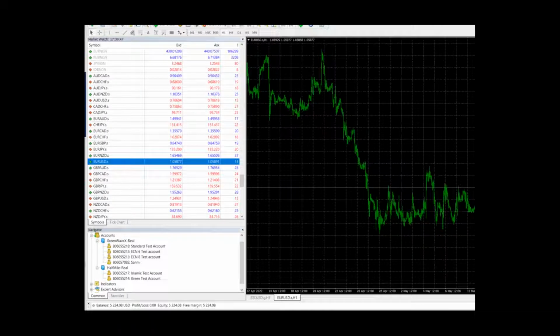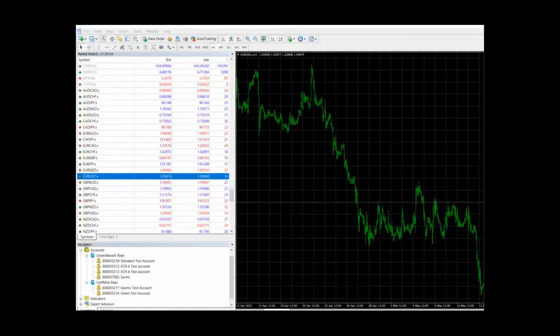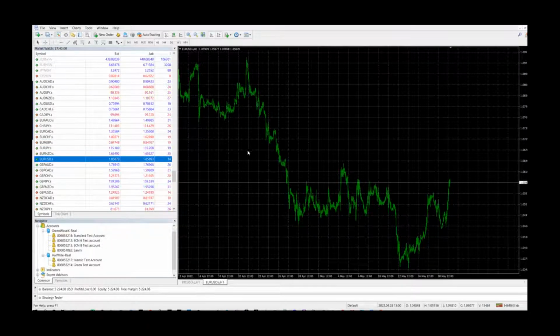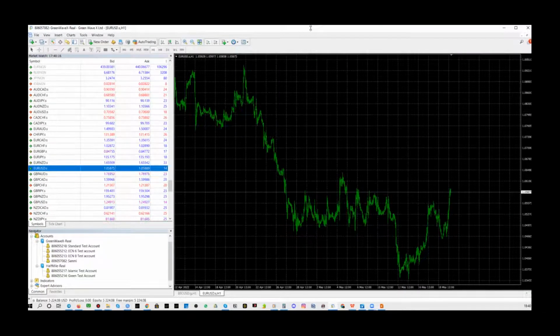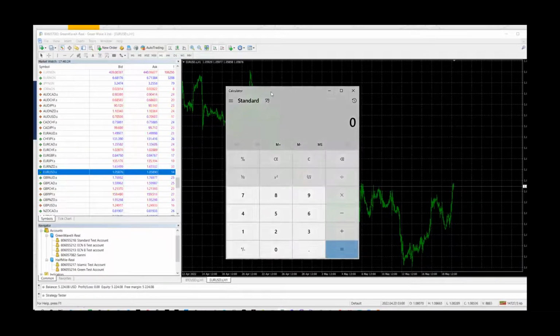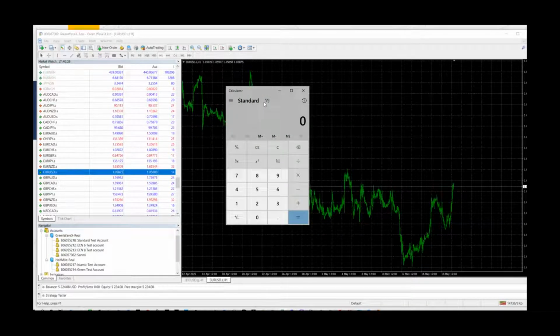I want us to see my calculator and everything in one place. Okay, so that's it. So I can then bring up my calculator like this if we need it. Okay, let's say I just bring the calculator here.